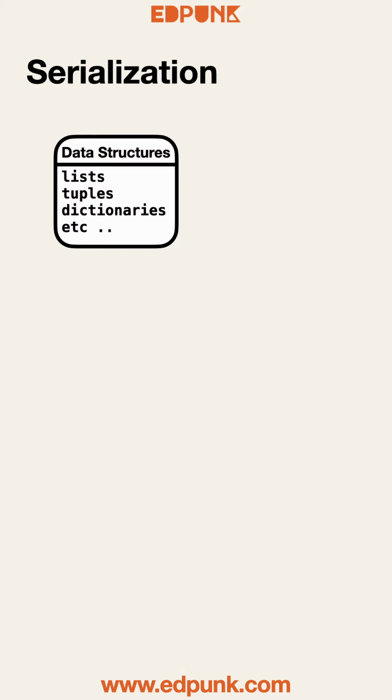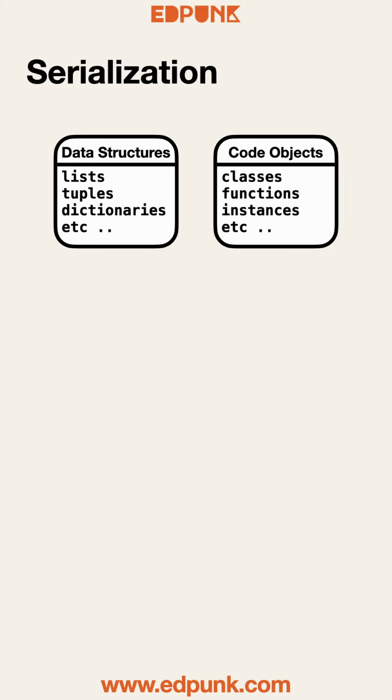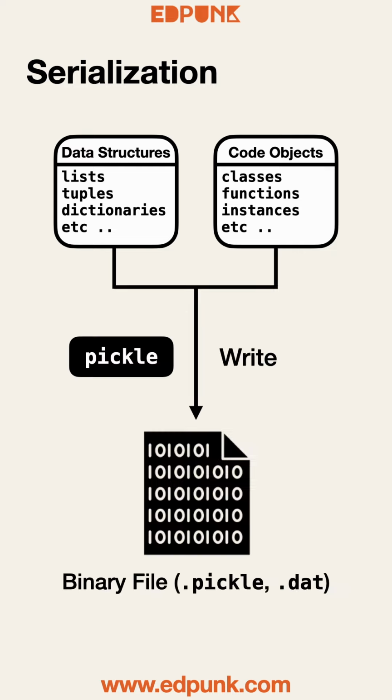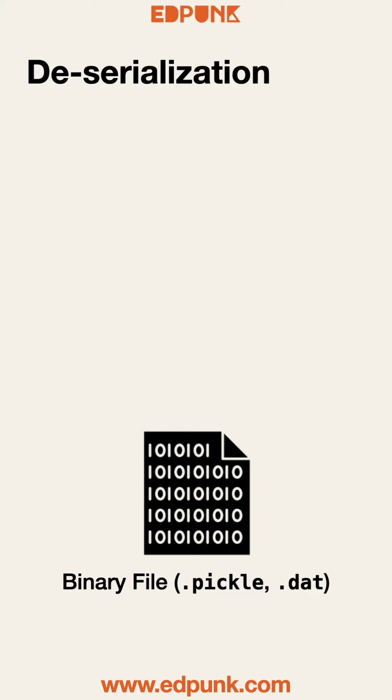The process of translating data structures like list, tuple, dictionaries, and code objects like classes, instances of classes, functions into bytes that can be stored in a binary file is known as serialization. This binary file is stored on disk and it can either be shared with others or used at a later time via Python.